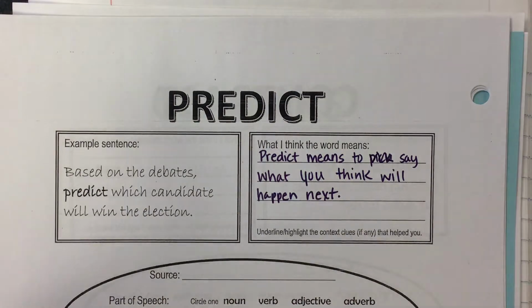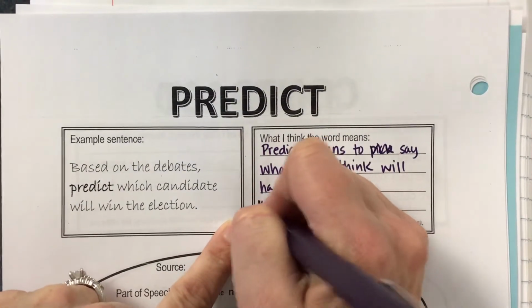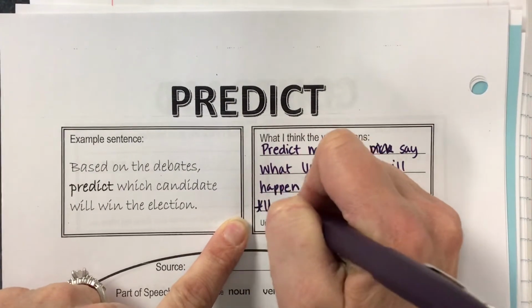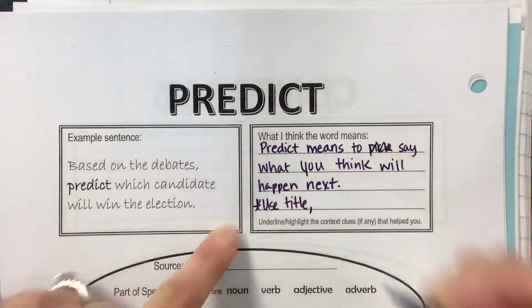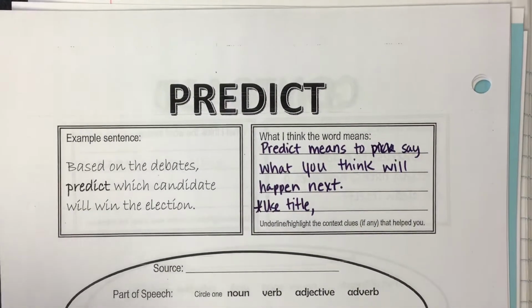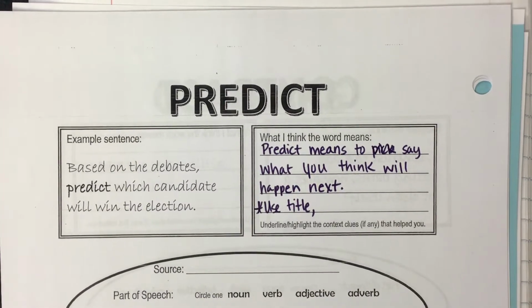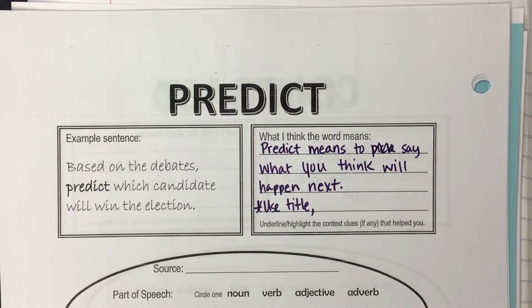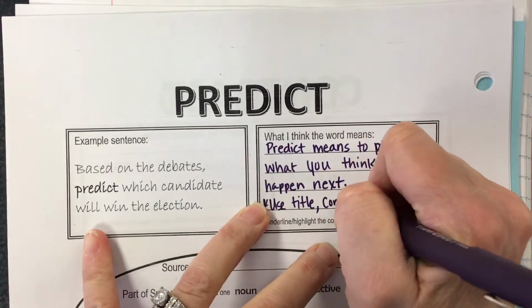Okay, so we could use the title. What else could we use to help us to make a great prediction? Harper? Context clues. That's exactly right.